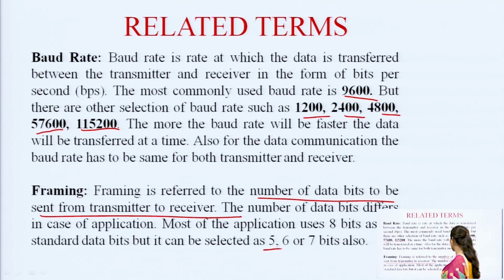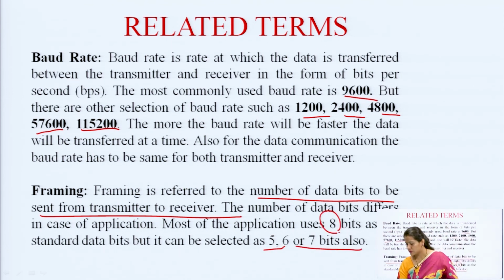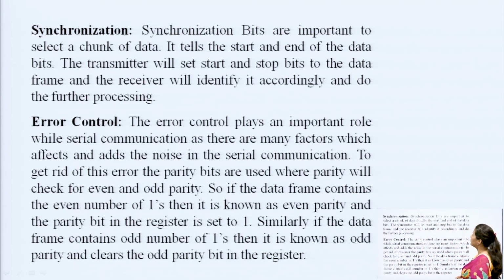It can have 5, 6, 7 or, as a general term, 8 bits. When we talk about synchronization, there are certain synchronization bits which are added to the data to attain synchronization between the transmitter and the receiver, and that is very necessary. For example, start and stop bits introduce synchronization.